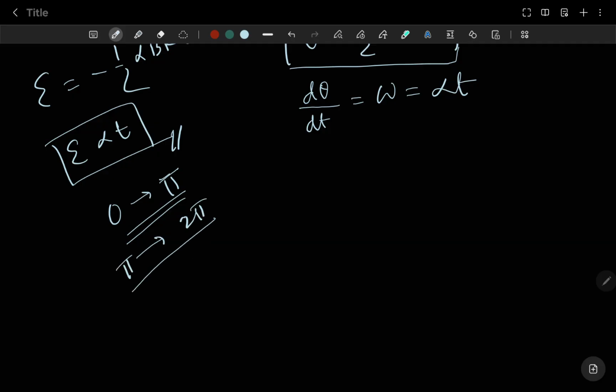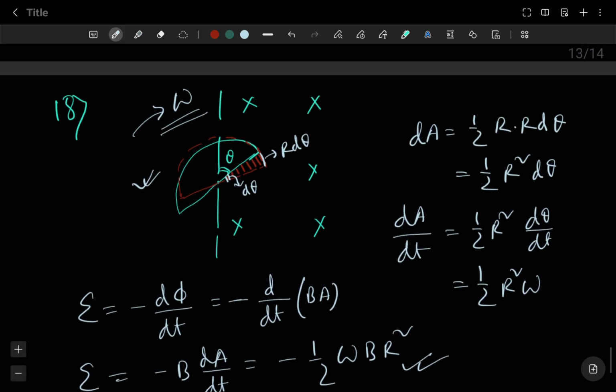Again from 2 pi to 3 pi it will be negative. Why? Because from 0 to pi, this entire loop is entering the magnetic field gradually. That means magnetic flux is increasing through the loop. So accordingly, as per Lenz's law, induced EMF will be produced.